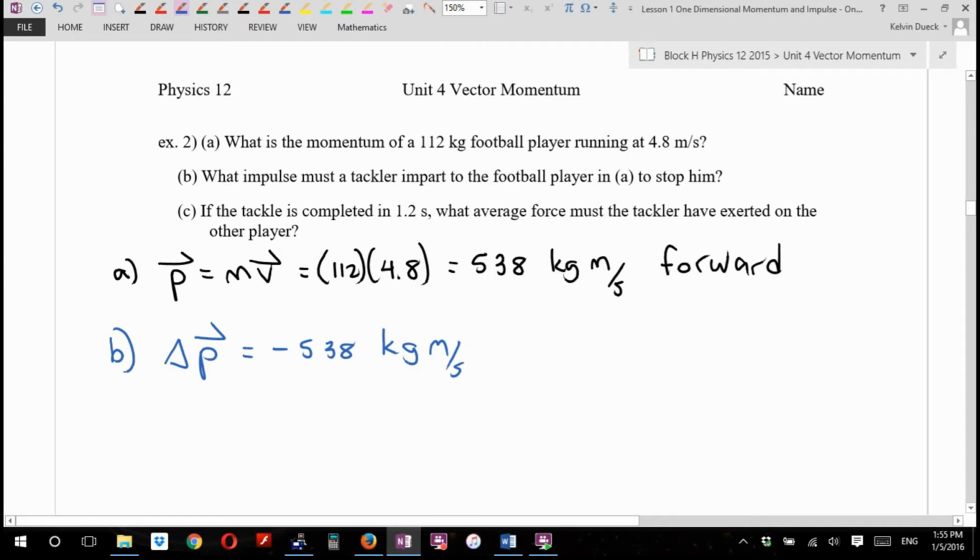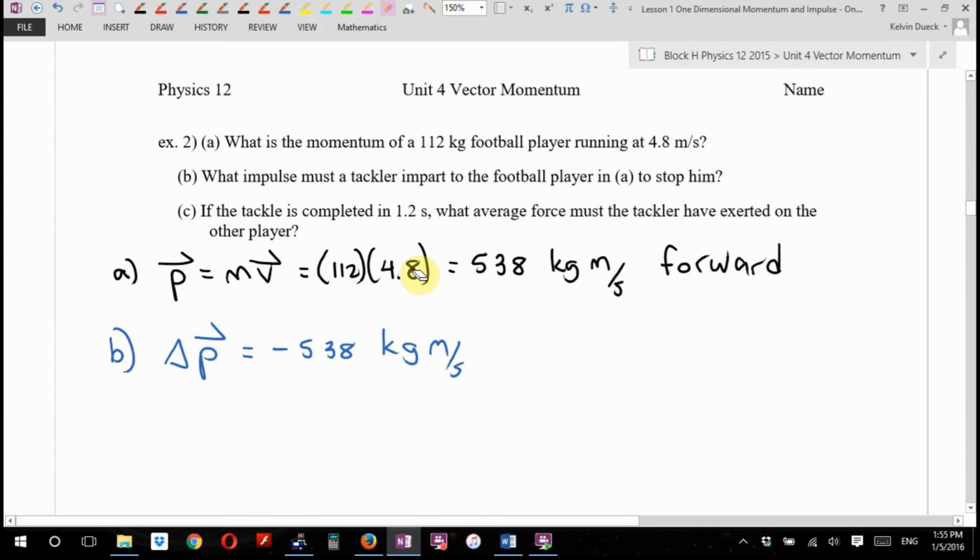Now, there's two ways a football player can do this. If the football player has a smaller mass, he's got to be running faster to bring the guy to a stop. Those are your cornerbacks and your safeties. If the football player is a lineman with a big mass, say 150 kilograms, he doesn't need to be going as fast.